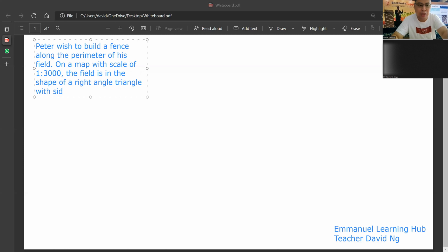with sides x cm, 2x plus 3 cm, and x plus 7 cm.